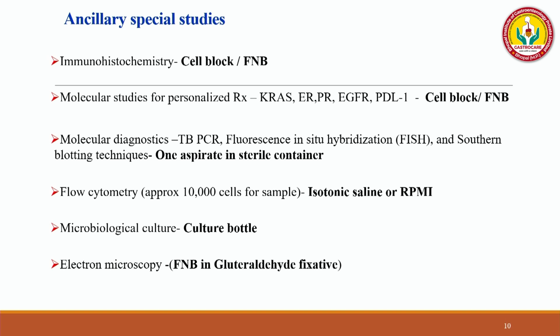If you have a lymphoma, you can collect the sample in isotonic saline for flow cytometry. Also, the cell block and FNB are materials on which you can do your FISH analysis. For microbiology samples, collect a separate container in the culture bottle. And if you are suspecting anything which needs electron microscopy, a separate sample has to be collected in glutaraldehyde fixative.